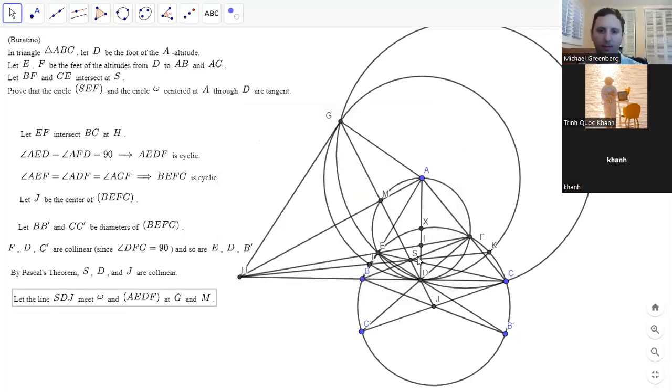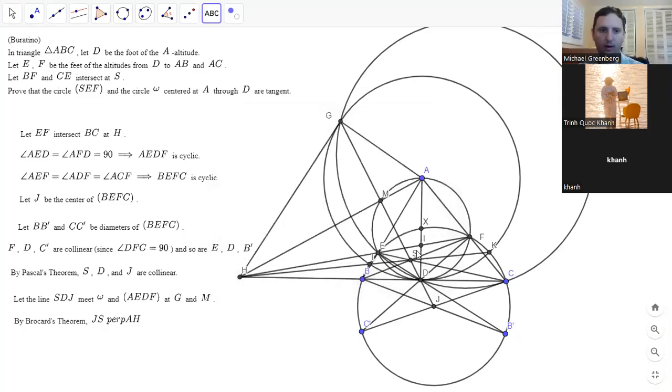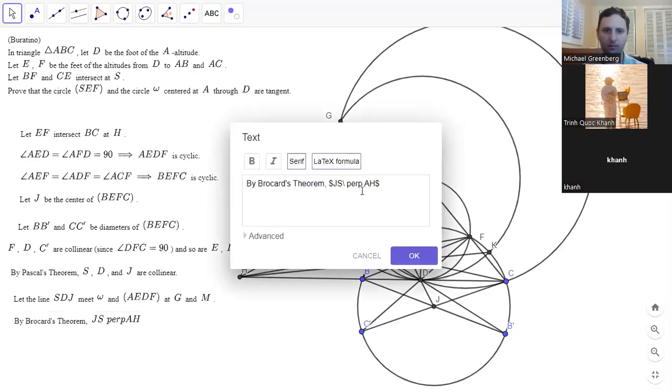And then by Brocard's theorem, JS is perpendicular to AH. And then that means that HG is tangent to omega by symmetry.